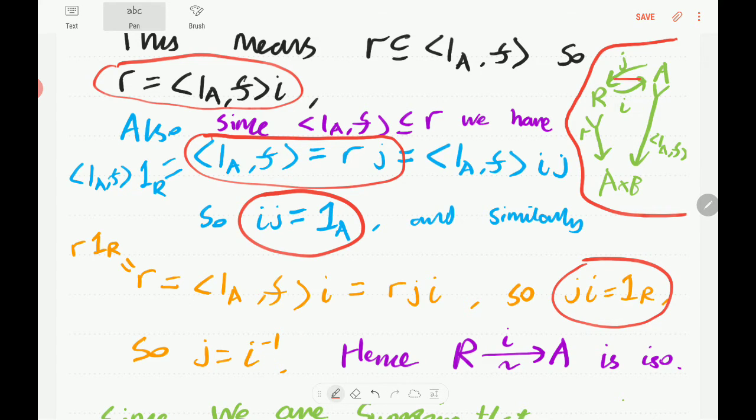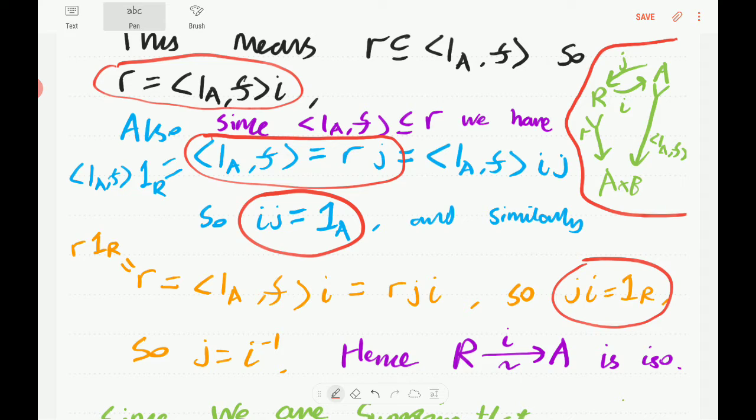So we have this kind of situation, and we basically have that r is going to be equivalent to this graph of f.